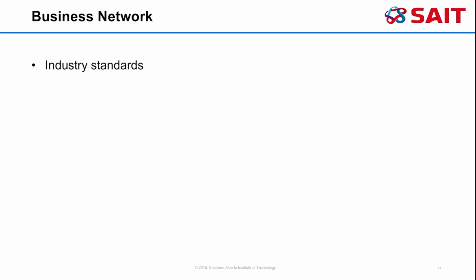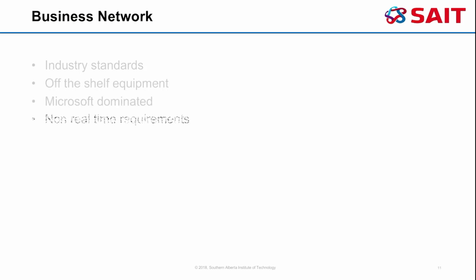So there are industry standards for the networks, off-the-shelf equipment, even from retailers like Best Buy and things like that. Business networks are obviously dominated by Microsoft. There's no requirement for real-time, meaning that if it takes a while to download or get some data, it's not considered crucial to the operation or the process.